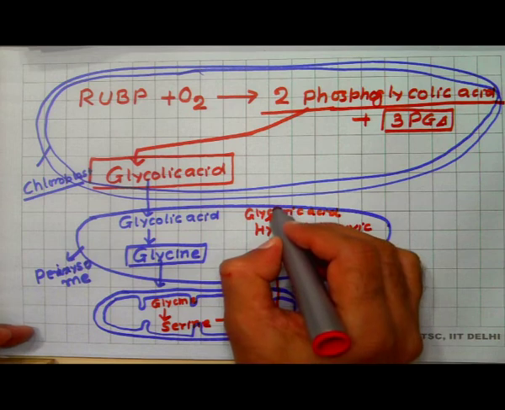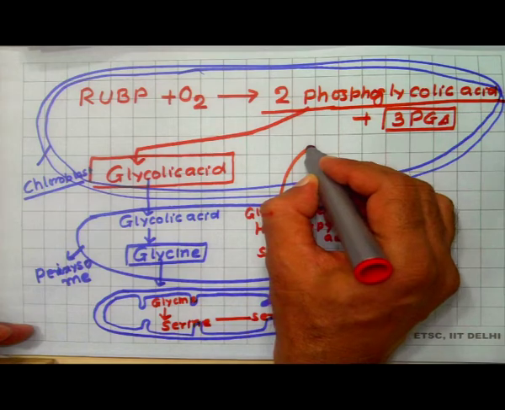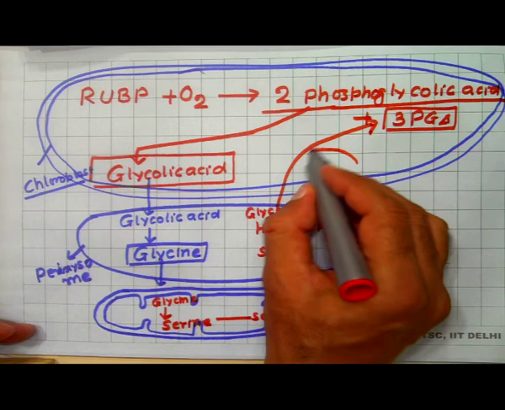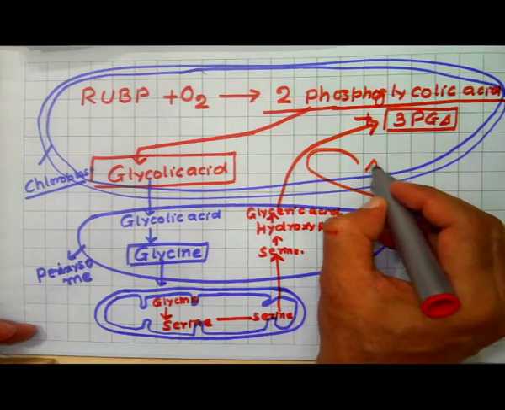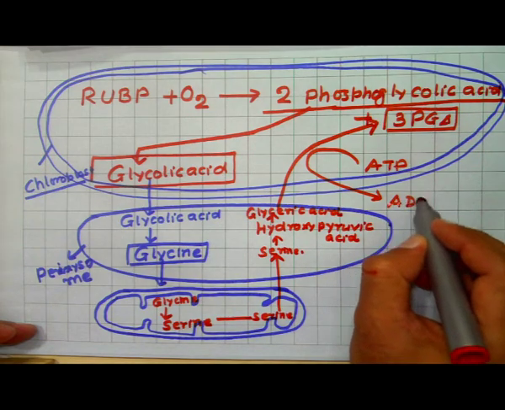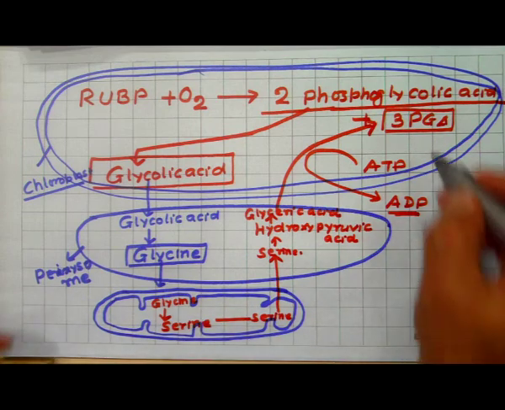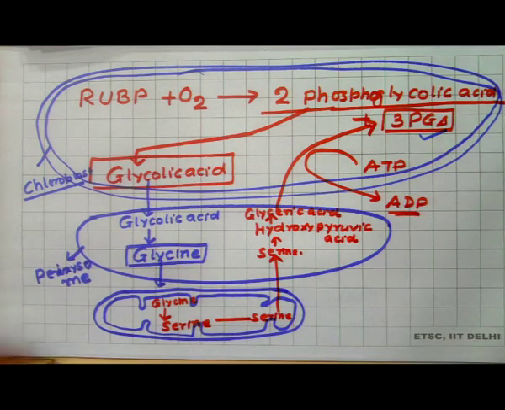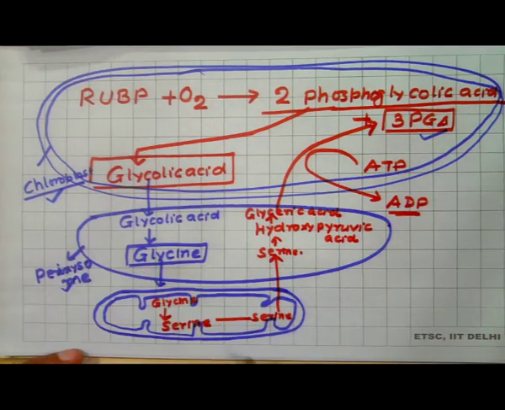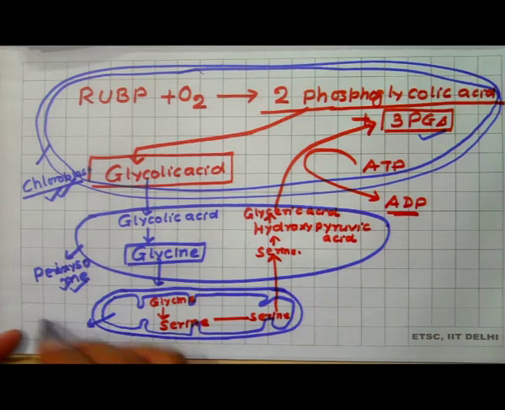Now, this glyceric acid reaches the chloroplast and forms 3 PGA, and in this process ATP is required, and this ATP is converted into ADP, and 3-phosphoglyceric acid is formed. So, in case of photorespiration, 3 organelles are involved: chloroplast, peroxisome and mitochondria.